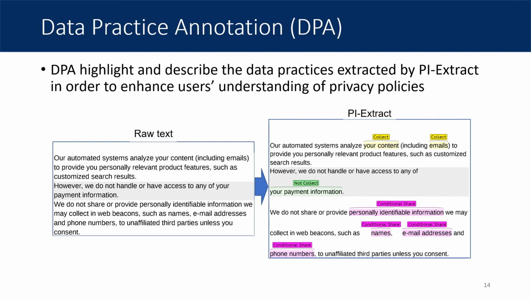Specifically, the data action labels are displayed on top of the highlighted phrases so that they do not hinder the reading flow of the users on the privacy text. And the background colors of the text and labels are different for each label.